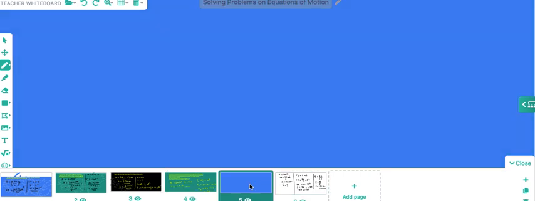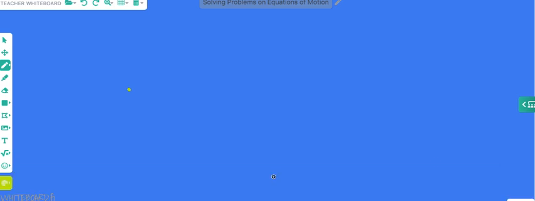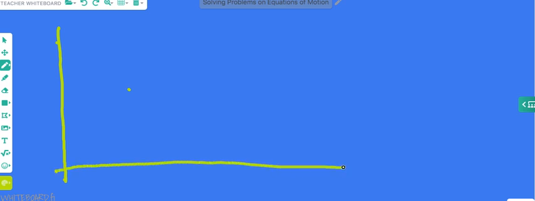Okay, let's draw the velocity time graph. In drawing this, the question is kind of tricky, so we have to draw our vertical axis, then our horizontal.